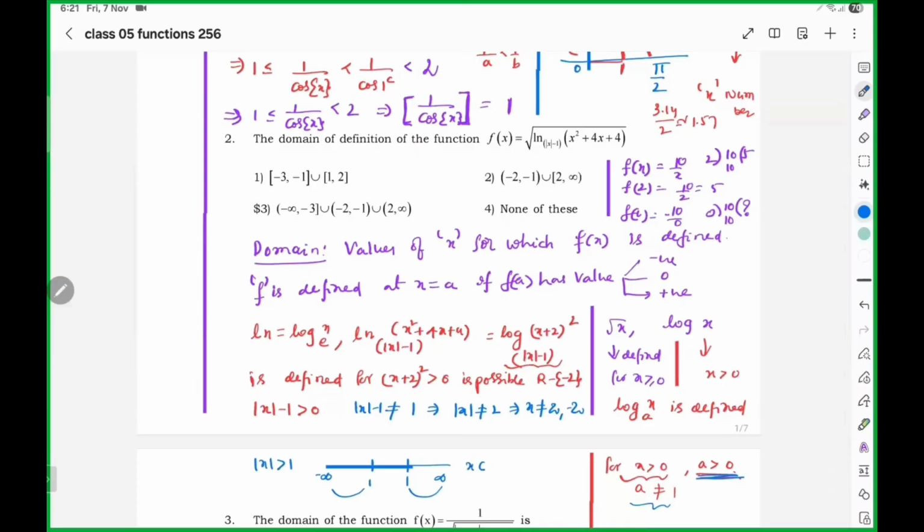So from this I can say it is minus infinity to 1 union 1 to infinity, except minus 2, sorry, here it is minus 1. So minus 2 and 2. Right.